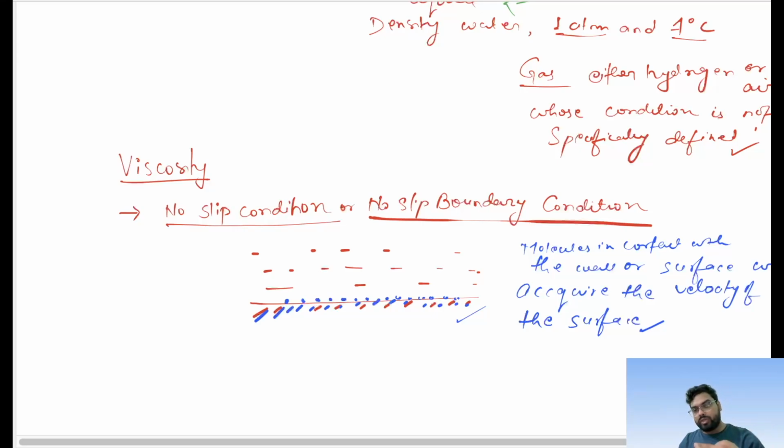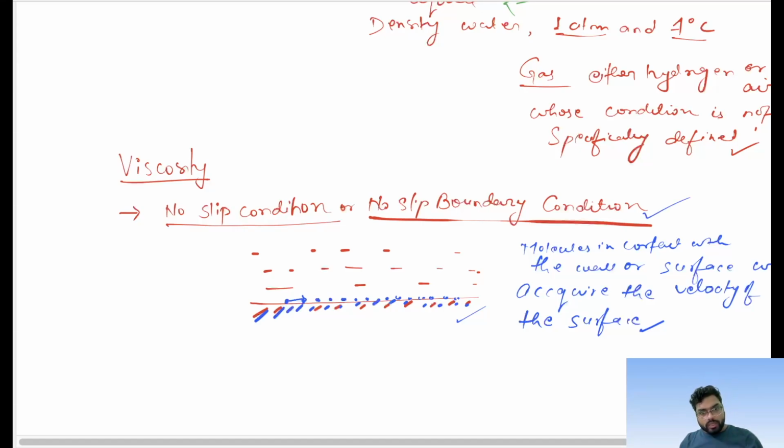But if it is moving, then relative to the wall it is zero, but when we see from outside, it will have the velocity of the surface. That's why molecules in contact will acquire the velocity of the surface. Suppose in this case it has zero velocity. This condition is termed the no slip boundary condition.